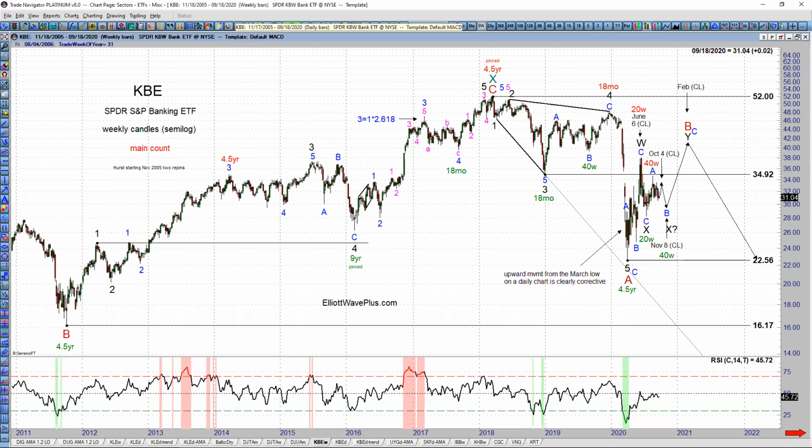KBE, banking, you notice I'm not expecting the world out of this move to the downside, as this item is really quite low in comparison with its all-time high, which is still standing back from March of 2018.